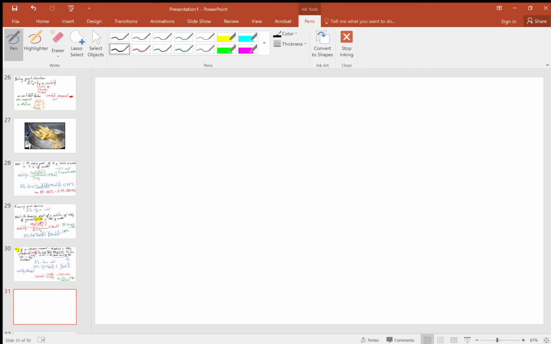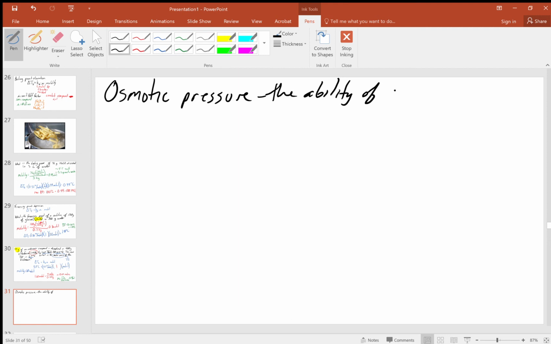All right, our final colligative property here is osmotic pressure. Osmotic pressure is the ability of solvent molecules, and only solvent molecules, to pass through a membrane.